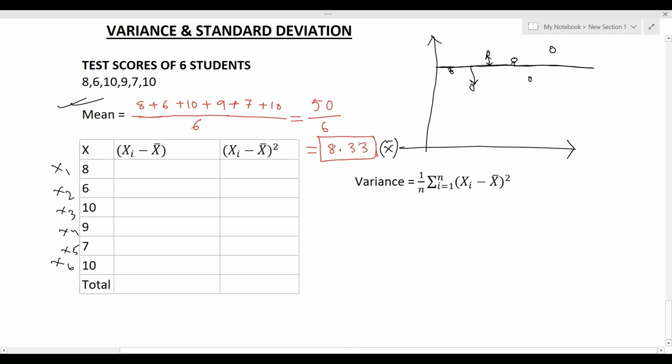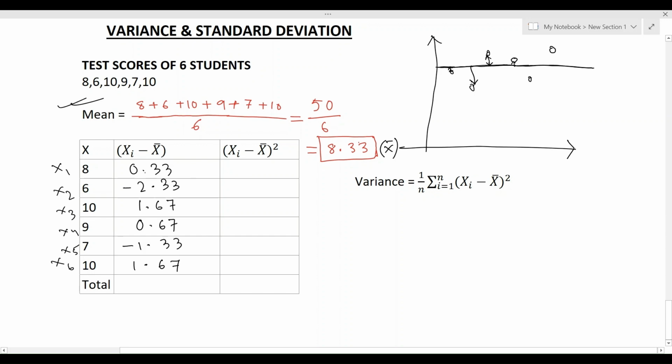So if we calculate the difference, we will get 0.33, minus 2.33, and so on. Next step is we have to take the square of all these observation.